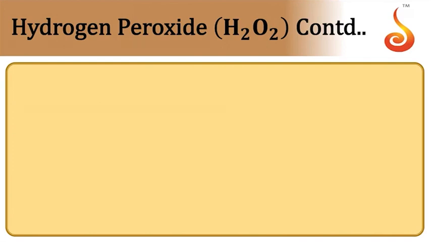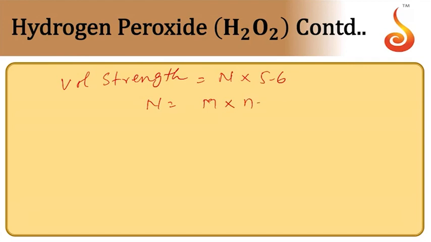Now here there are a few formulas to remember. Volume strength is given as normality into 5.6. We know that normality is equal to molarity into n factor, and the n factor for H2O2 is 2.